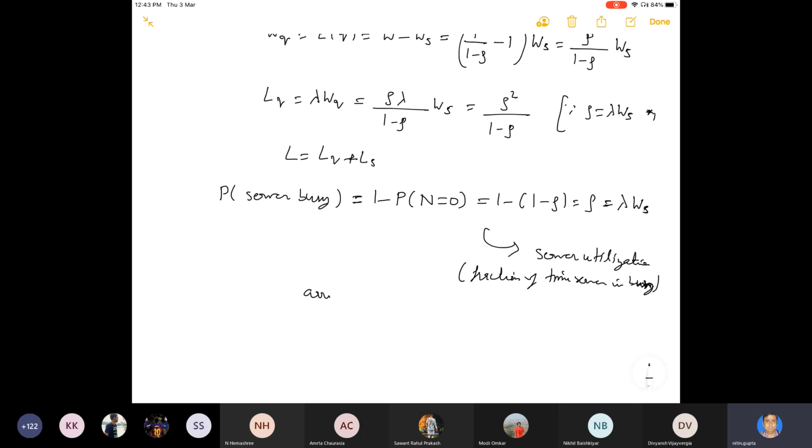This is the arrival service ratio, lambda by mu.